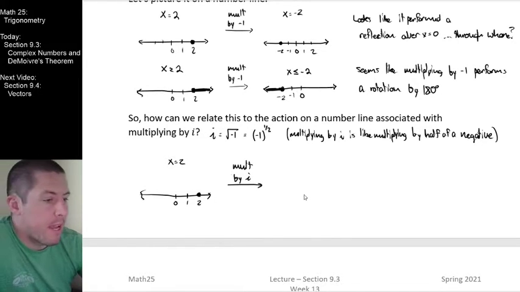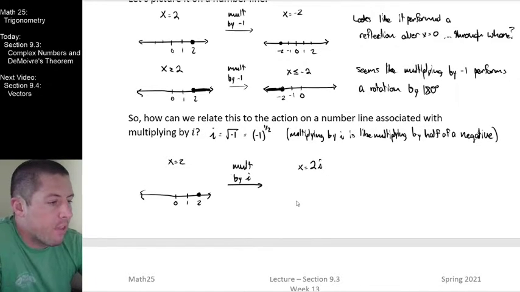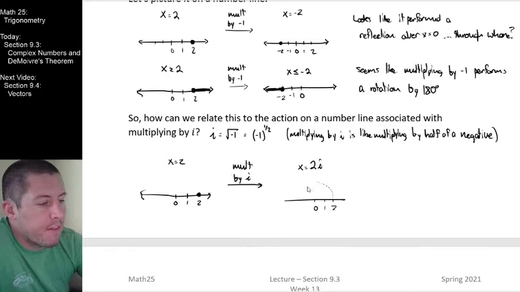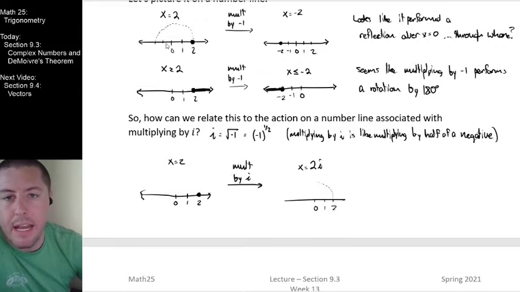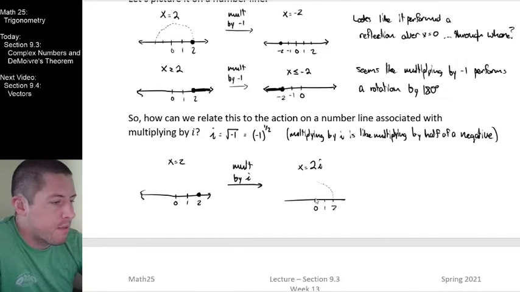Well, it seems to me like we should be landing at 2i. And the question is graphically, where is that? Well, here was my 0, 1, 2. What I'm picturing is that this thing did half of its rotation that it was going to do, right? I'm picturing this being like a rotation out here where we land back on the other side. Well, it seems like it's only going to do half of that.